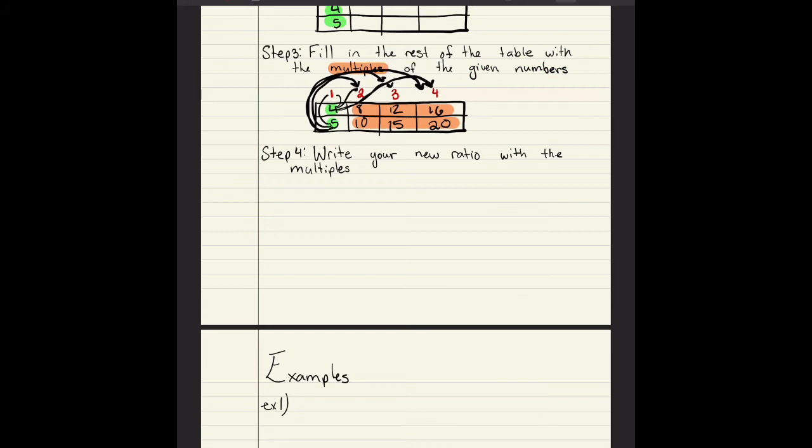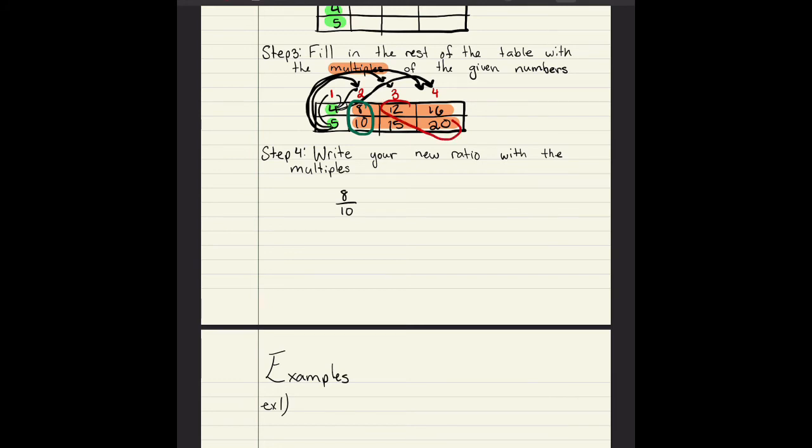All right, so step 4 is to write your new ratio or ratios with the multiples. So what makes sense is 8 and 10 because like 4 and 5, they're one over another. You multiply 4 by 2 to get 8 and you multiply 5 by 2 to get 10.